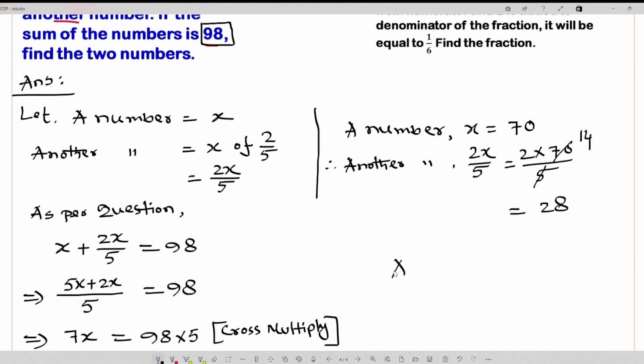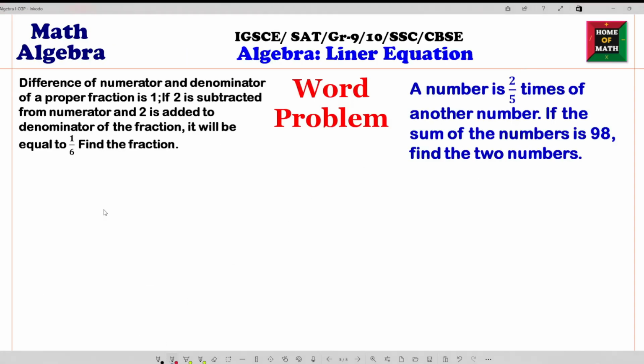So the answer is 70 and 28. Okay. Second question.